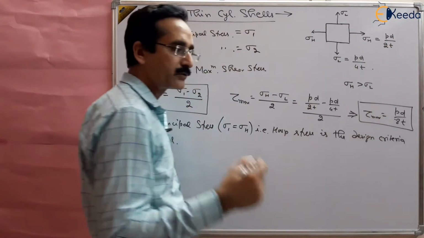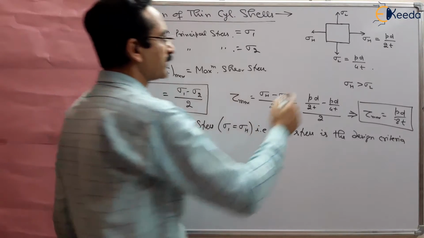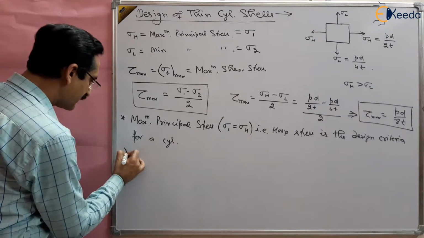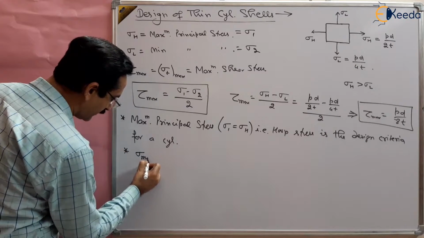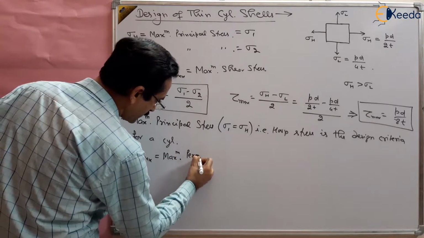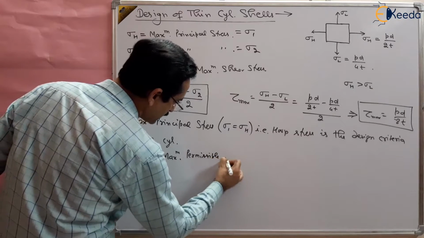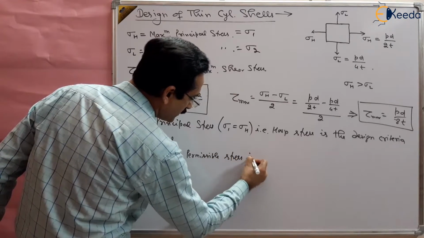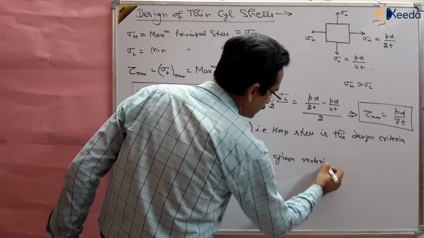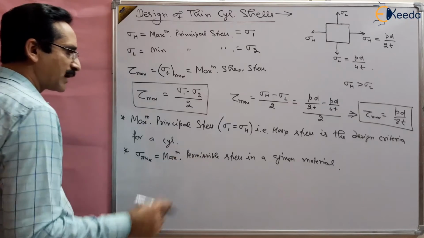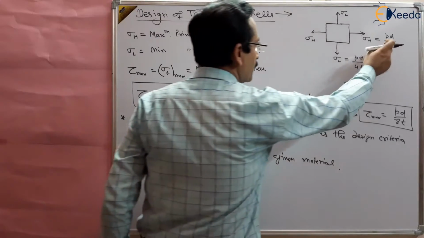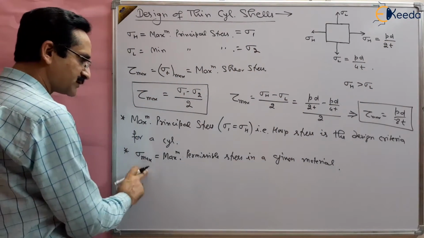The maximum stress of the material should not exceed this limit. For any material we are given the maximum stress, so let's say sigma max is given to us, this is the maximum permissible stress in a given material. In a given material, say mild steel, this is the maximum stress that the material can hold. Then the stress developed in the material should be lower than this stress, right?